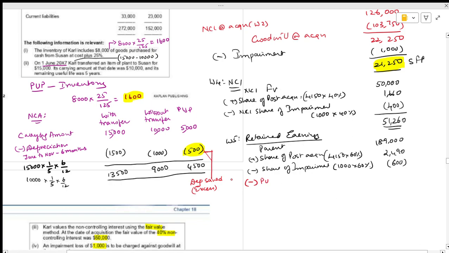Portion of unrealized profit on plant: not sold to others. 15,000 minus 10,000. If he had sold to others, he would have got 5,000 profit. He has not sold, he has transferred to the subsidiary, so he will get a loss. That loss we have to deduct.